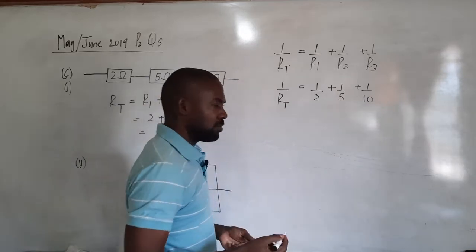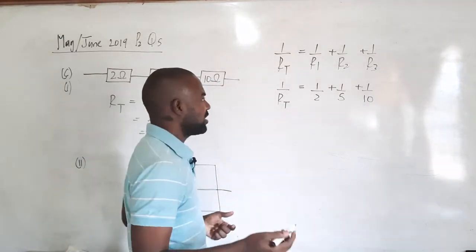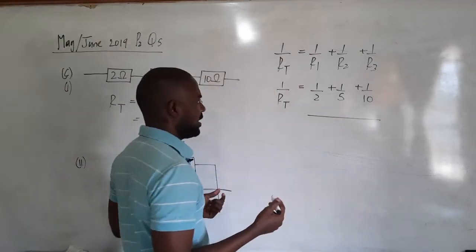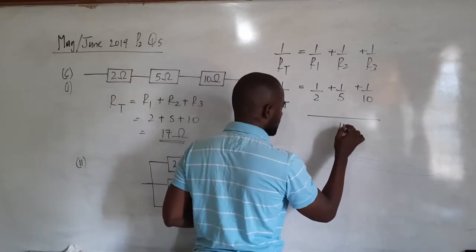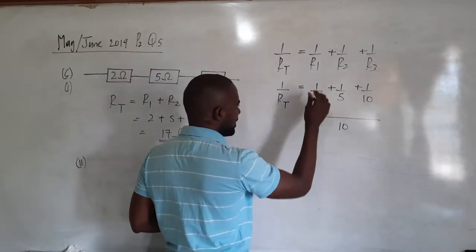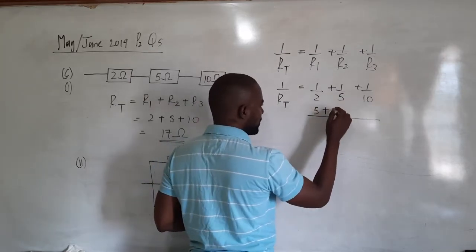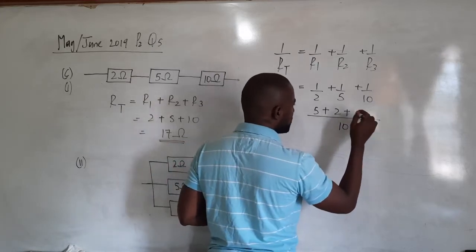I guess you could always punch these values into your calculator, but since you have them on the board, let's do it the old-fashioned way. The LCM of 2, 5, and 10 would be 10. So say 2 into 10 goes 5, 5 times 1 is 5, plus 5 into 10 goes 2, 2 times 1 is 2, and 10 into 10 goes 1, so 1 times 1 is 1.